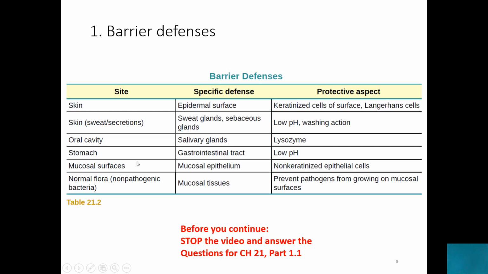Our mucosal surfaces, like mucosa in our nasal cavity, has mucosal epithelium covered with mucus, and mucus also can trap and prevent pathogens from growing on the surfaces.